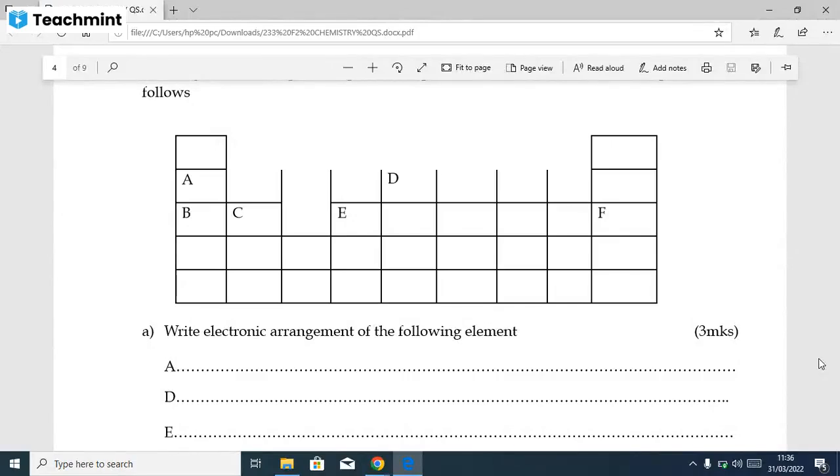Let us go back to our question. You have told me that the electron configuration of C is 2, 8, 2, which is correct.